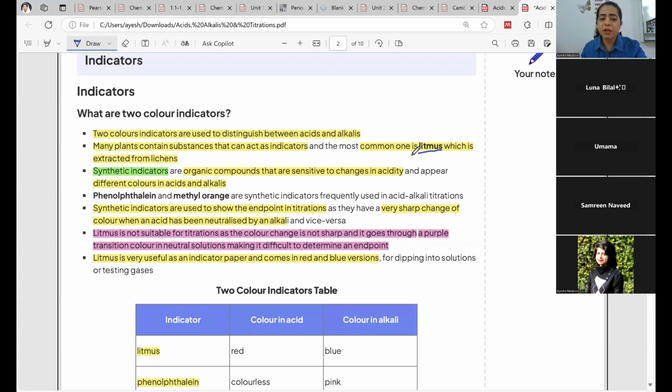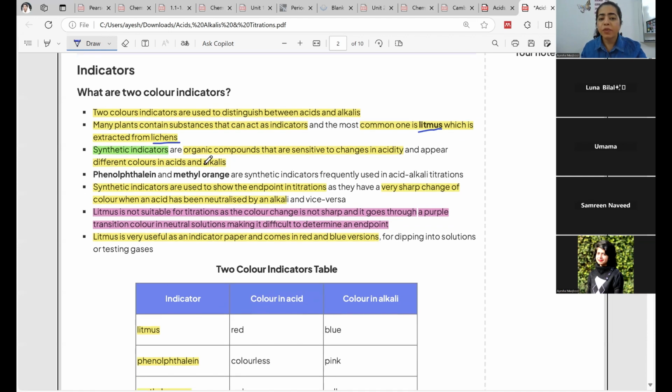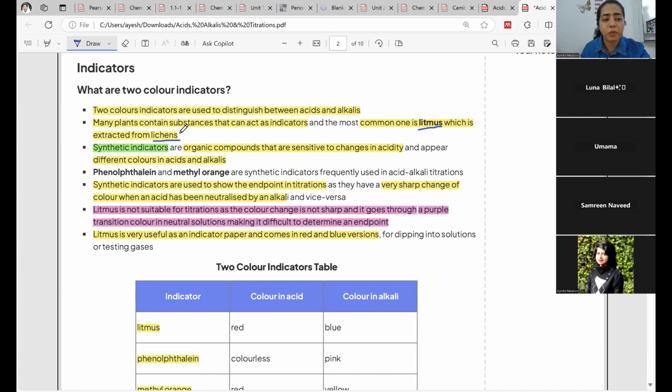Litmus is an indicator which is extracted from lichens. Many indicators are taken from plants, because plants have substances inside which can change color according to the pH value, the acidic or alkali environment. You can even search on Google and see some flowers and plants.